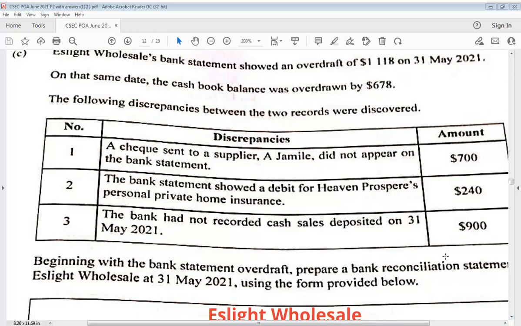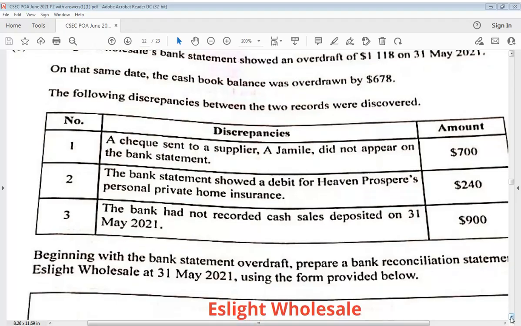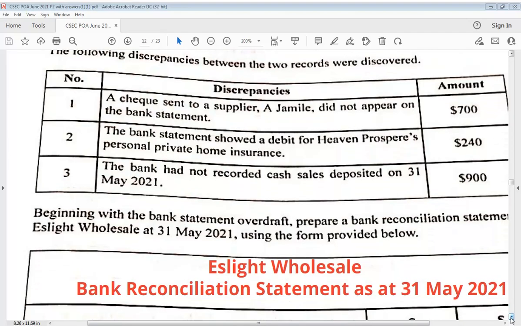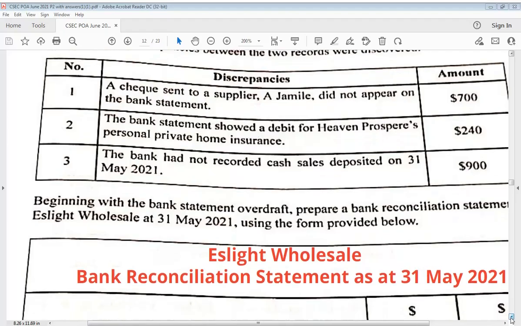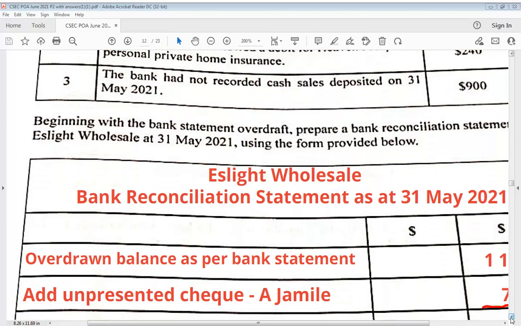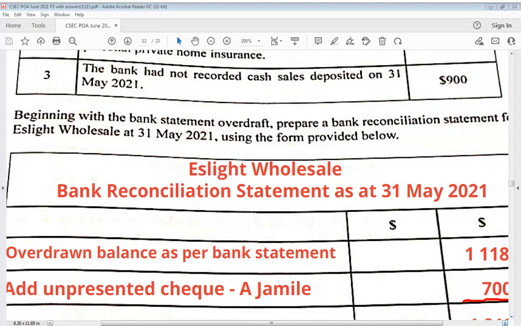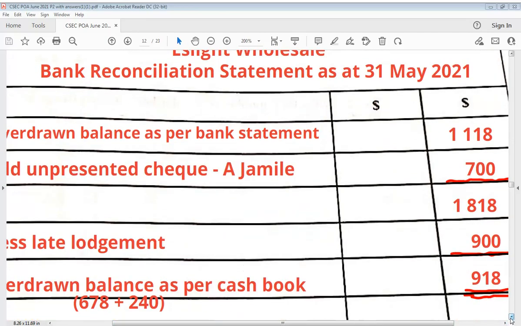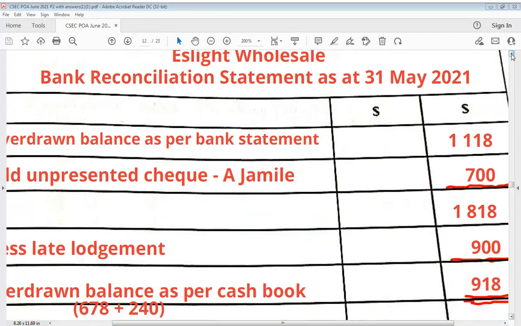We're going to less our late lodgement, which is $900. When we less our $900, we get $918. And that represents the overdrawn balance as per cash book, which we had just worked out, which was the 678 added to our 240. So really and truly, this is what our bank reconciliation statement should look like.